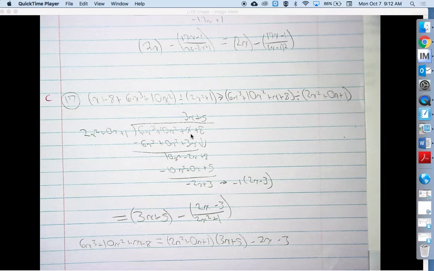Then 2x goes into 10x squared 5 times. You get negative 2x plus 3, and I just changed that to negative 1 times 2x minus 3. And then that equals 3x squared plus 5 minus the quantity 2x minus 3 over 2x plus 1. And then I made a sorry attempt to write that in the f of x form. I don't think that's right.